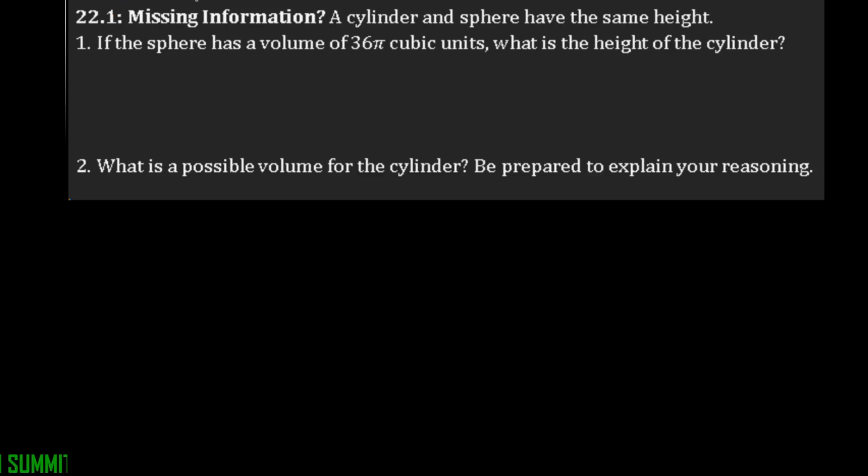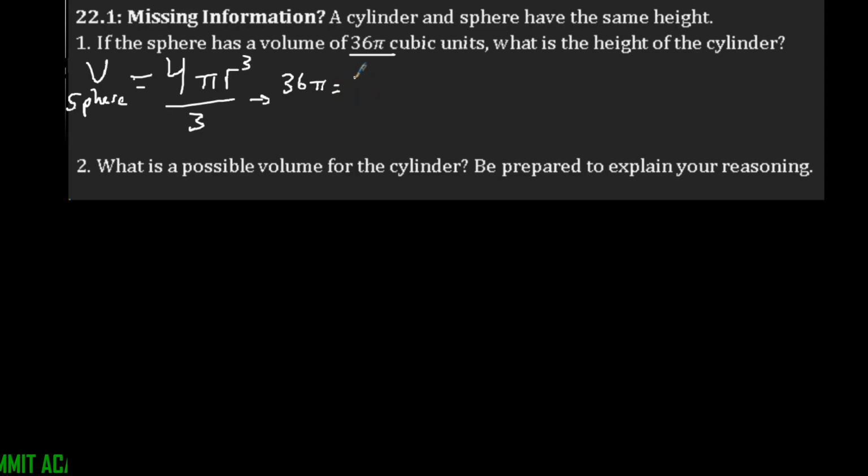For this one, I can find the volume of the sphere, which is the same as 4 times pi times the radius cubed over 3, and that's the same as 36 pi. So 36 pi is equal to 4 times pi times the radius cubed all over 3.